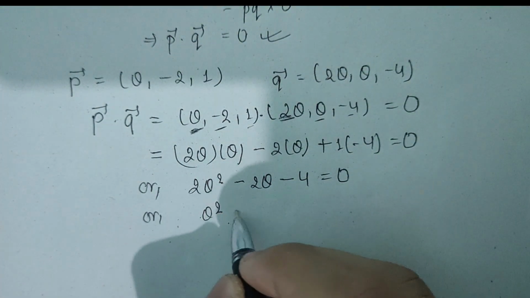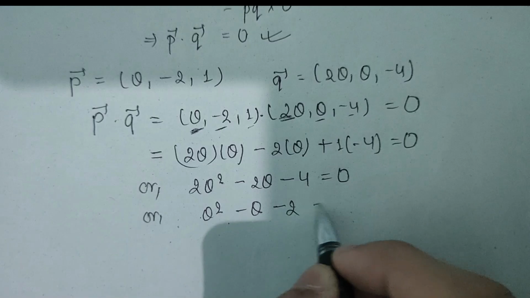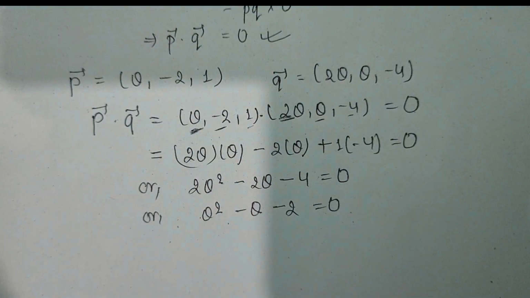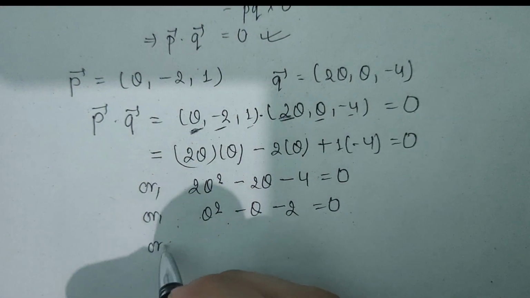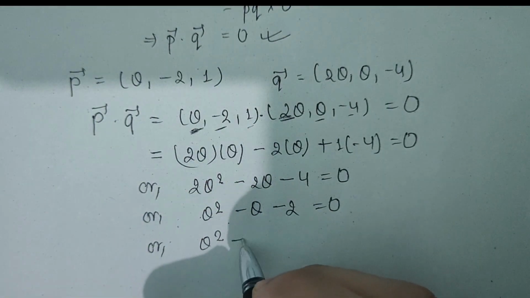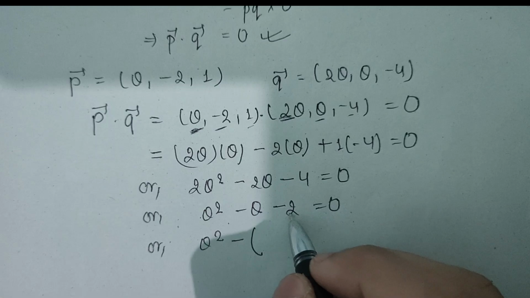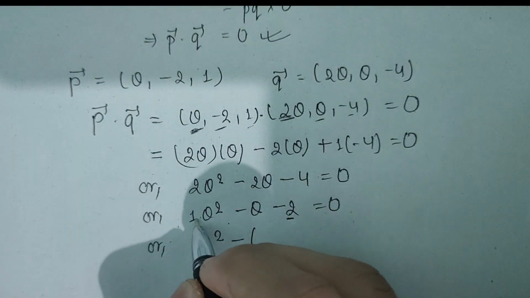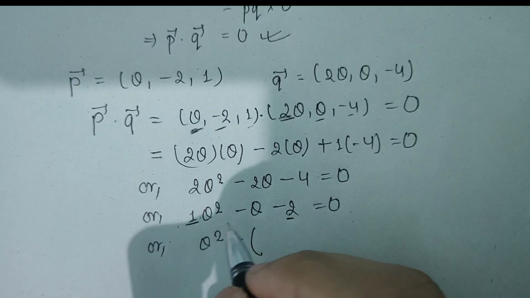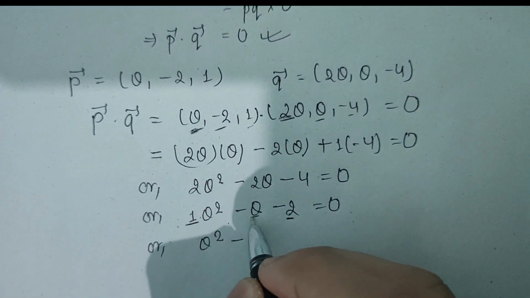So here we have theta squared minus theta minus 2 equals 0. Now I hope we know the factorization in order to solve this question. Theta squared minus theta minus 2: two ones are 2, and 2 minus 1 is equal to 1.